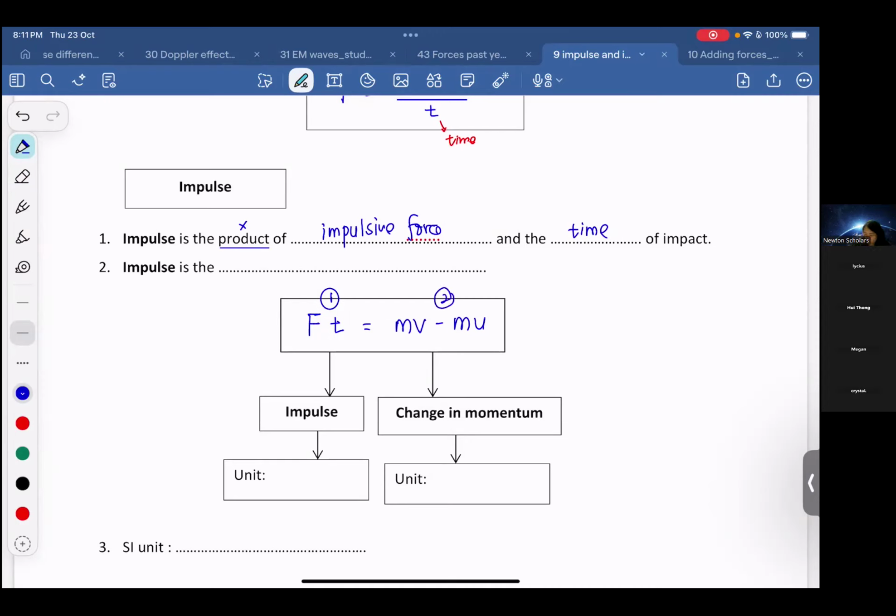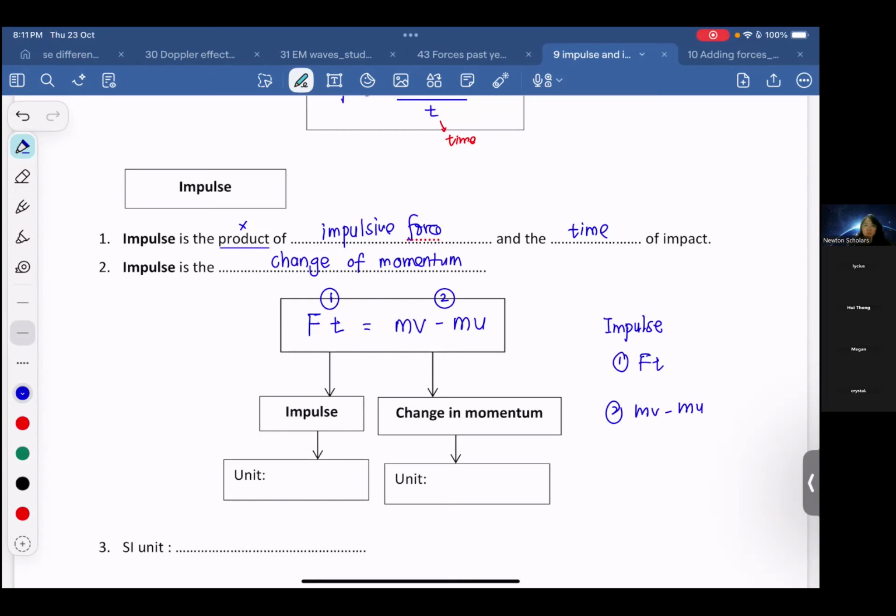Or, the second formula, we can use mv minus mu to find the impulse. Just now I told you this is called the change of momentum. So I want to emphasize that impulse has two formulas: one is Ft, another is mv minus mu. Both give you the same answer. It just depends on what information is provided in the question.